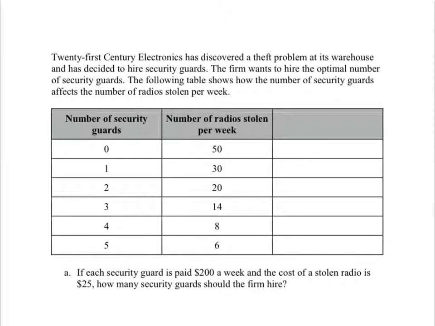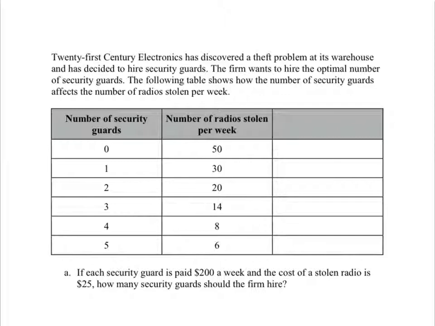In this problem, we're told that 21st Century Electronics has discovered a theft problem in its warehouse, and it's decided to hire security guards. The firm wants to hire the optimal number of security guards, and the following table shows how the number of security guards affects the number of radios stolen per week.